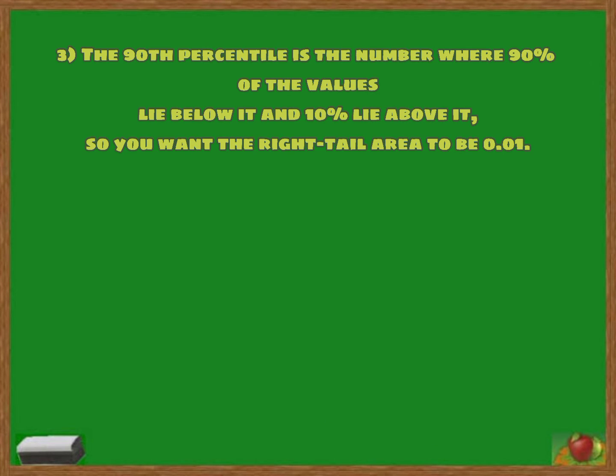Letter B. The 90th percentile is the number where 90% of the values lie below it and 10% lie above it. So you want the right-tailed area to be 0.10. And then, locate the t-value using the sample size of 20 or the degree of freedom of 19.